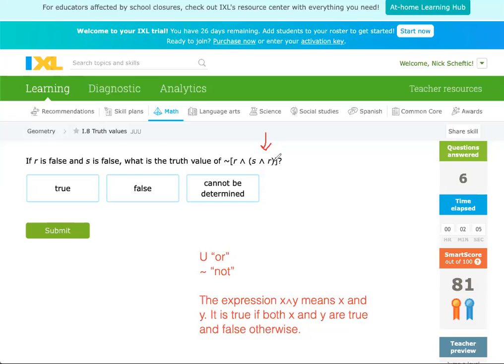S and r, they're both false, so this would stay false on that portion. R is false. So it's basically saying false and false, so that's going to stay false. And then we have a parentheses all the way on the outside, so this is going to be the opposite, so not false. So this statement is actually going to be true.